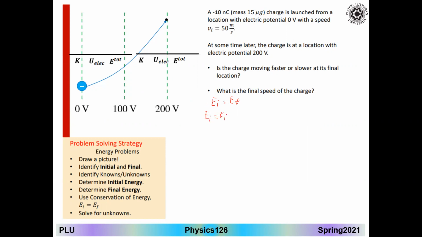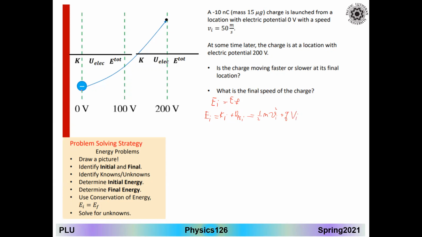Kinetic energy we call Ki, plus potential energy we call U, and both of them are initial. So Ki depends on the movement, Vi, which is the velocity, plus the potential energy, which is just the charge times the electric potential.